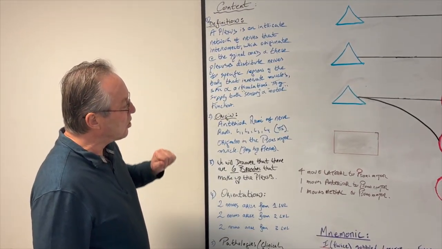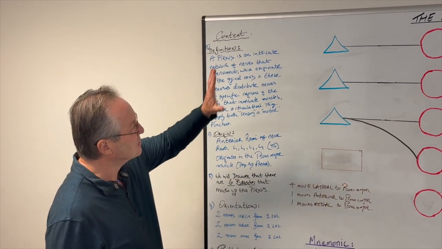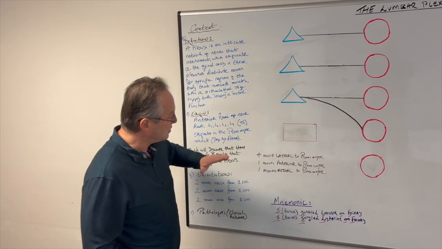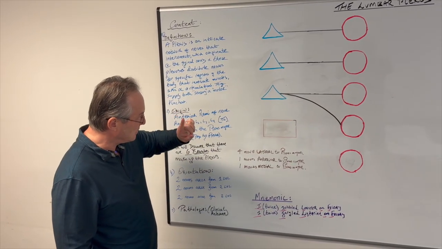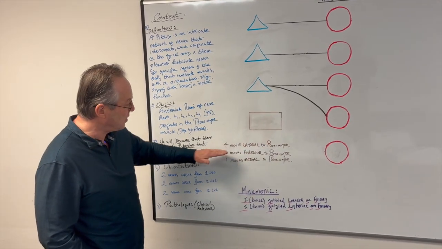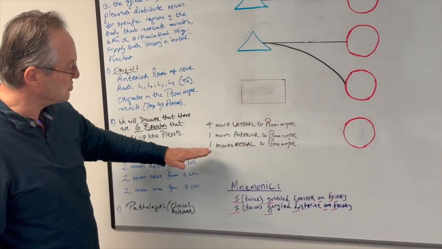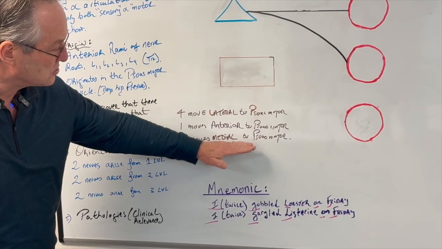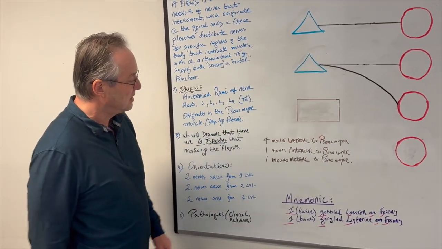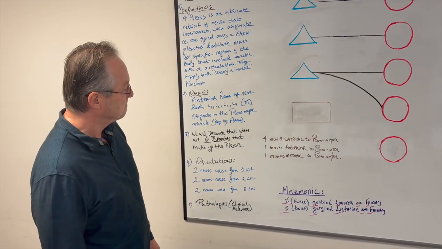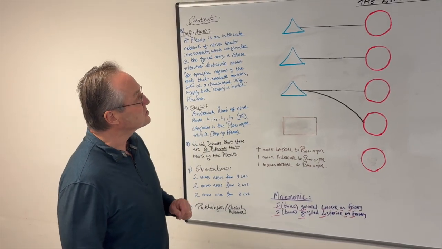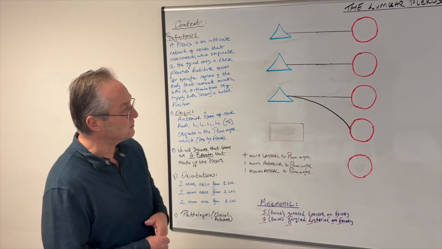And what we will also discover once we label the lumbar plexus is that 4 nerves will move lateral to the psoas major, 1 moves anterior to the psoas major, and 1 moves medial to the psoas major. Remember, we said it originates in that muscle. We'll label that, and then we'll go ahead and get started and start filling in the actual plexus.